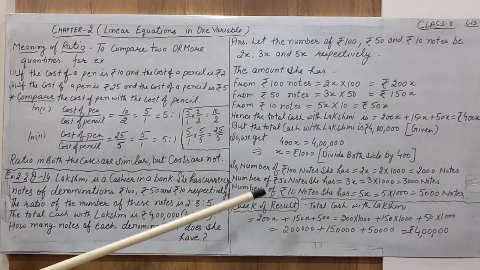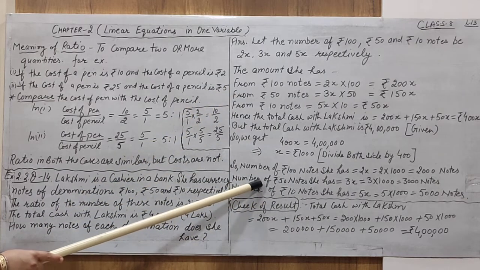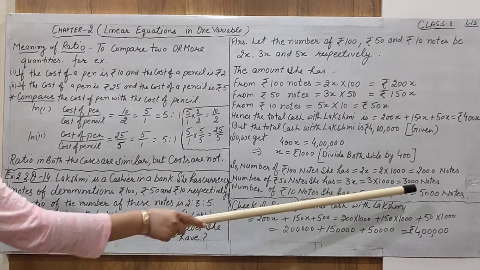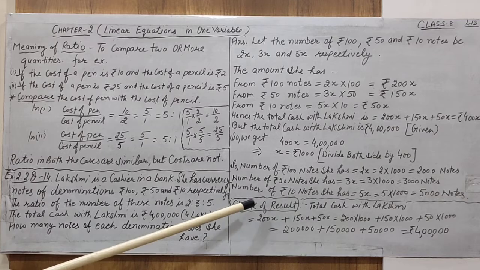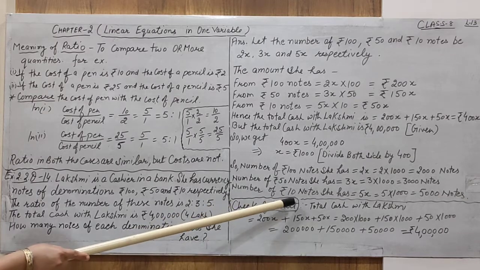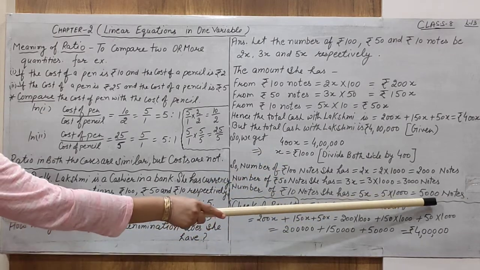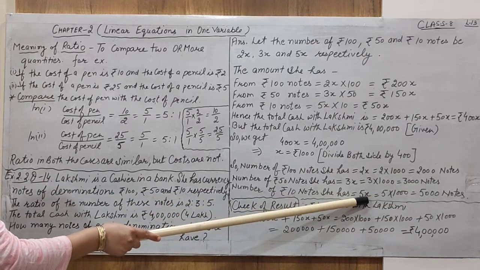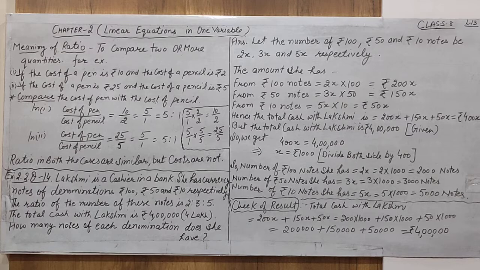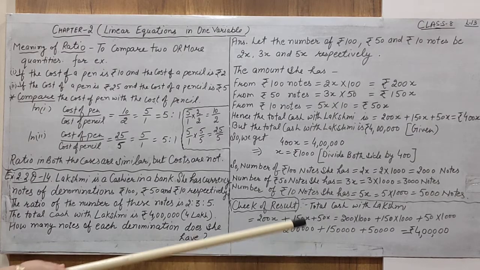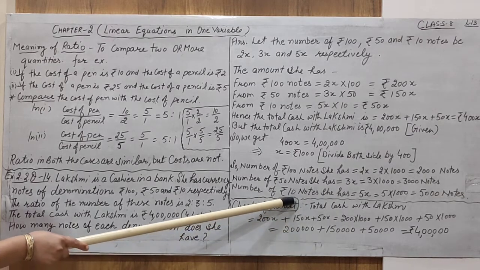Next, how many notes of 50 rupees? 3x, that is 3000 notes of 50 rupees. Next, the number of 10 rupees notes, that is 5000, because 5x, 5 is multiplied with 1000.